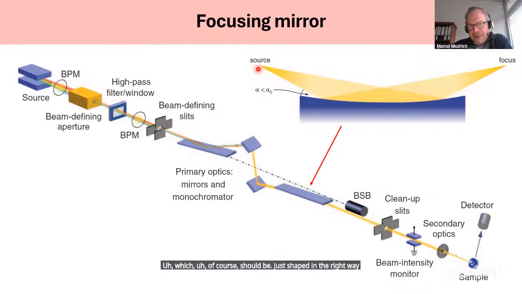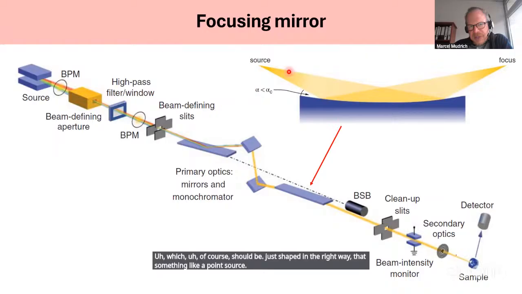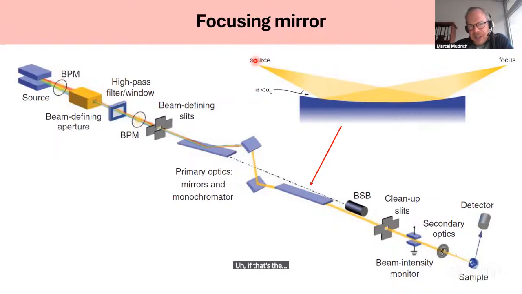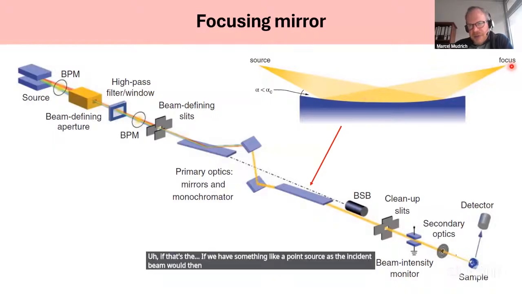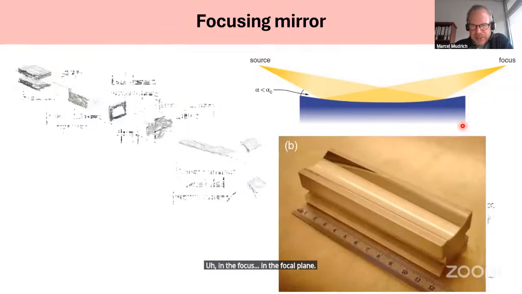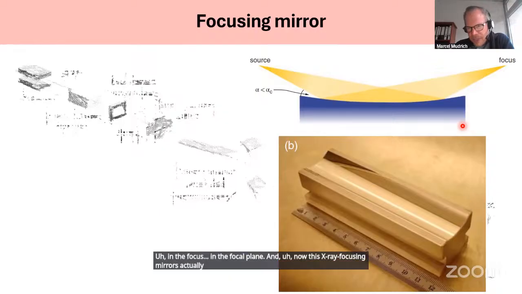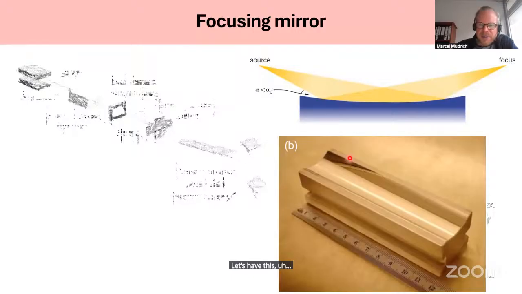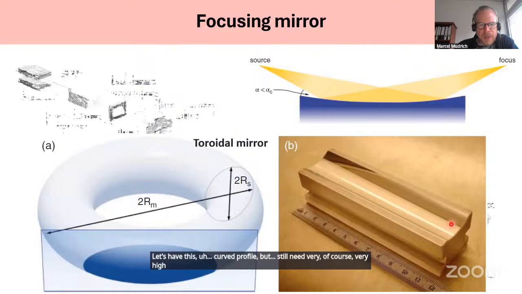If we have something like a point source, the incident beam would then get focused again into a point in the focal plane. And these X-ray focusing mirrors actually look like that. They have this curved profile, but still need, of course, very high surface quality.